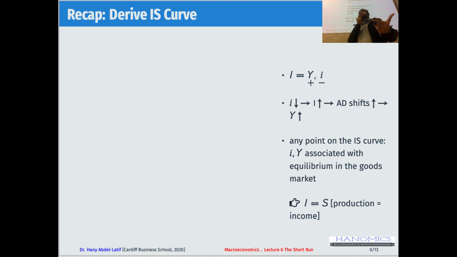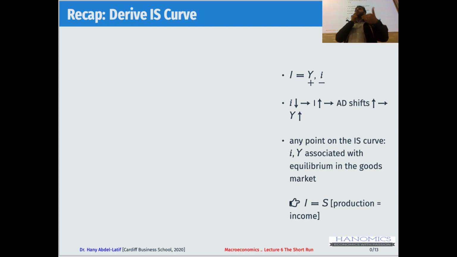Okay? And in lecture 3, we assumed that investment is given, it's exogenous, but this is not true. Okay? So this is not realistic. So what we did in the last lecture, we said, well, in a more realistic situation, investment should respond to changes in the interest rate and changes in income.